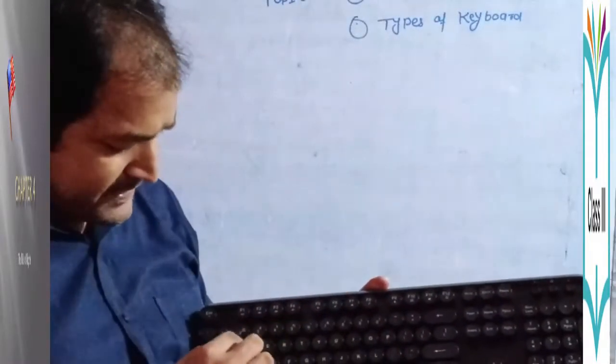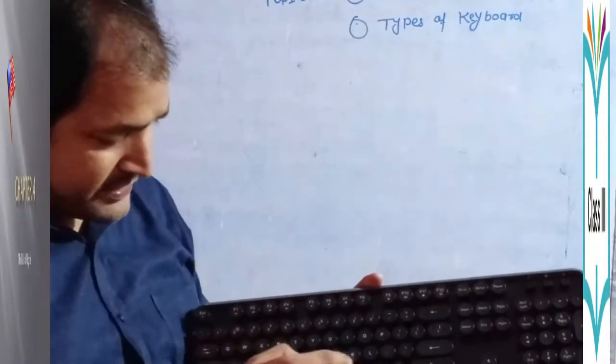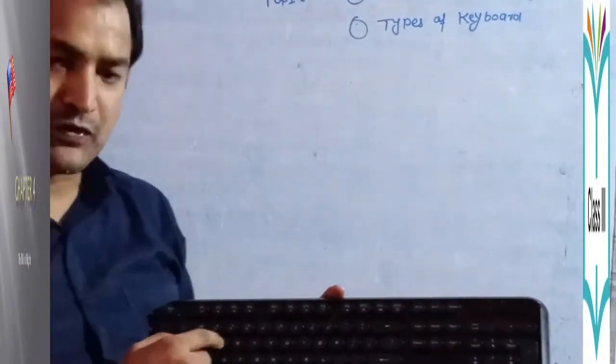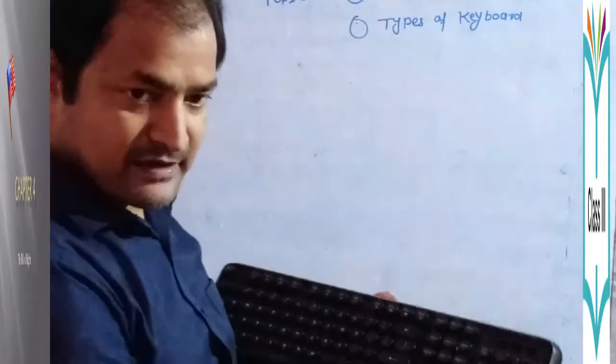This part, A, Q, W, E, R, T, the 26 alphabetical letters, is called the alphabetical keys, or the QWERTY keyboard. And this is the right side area.